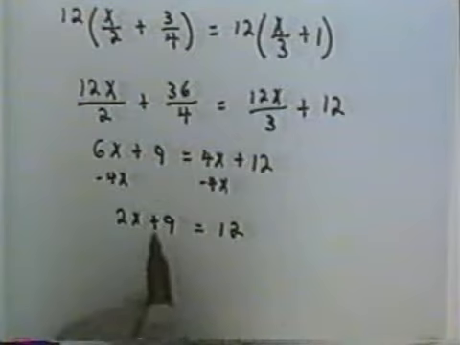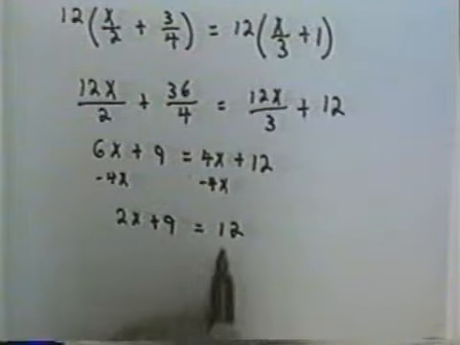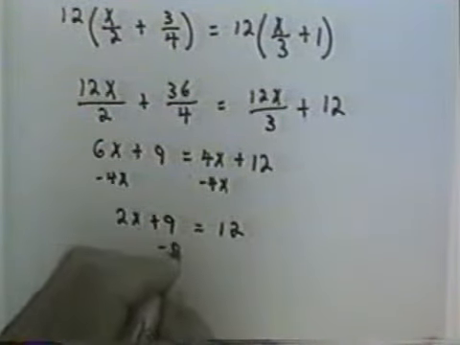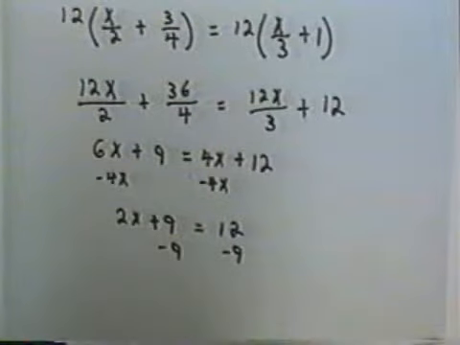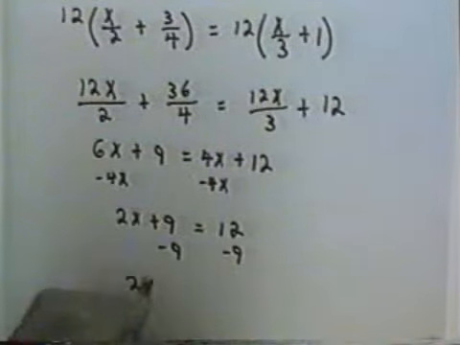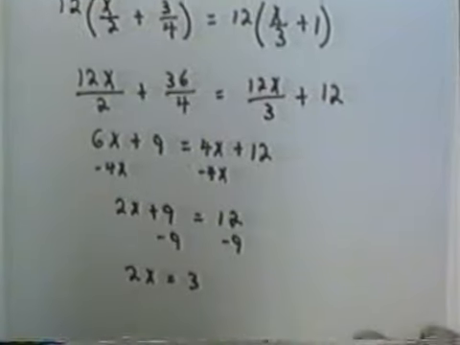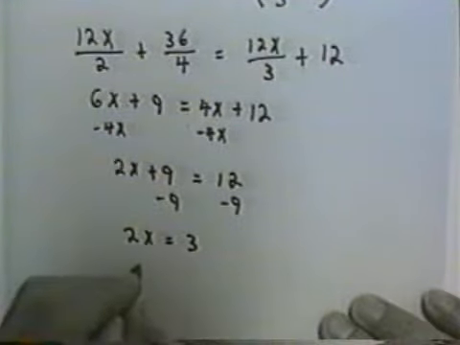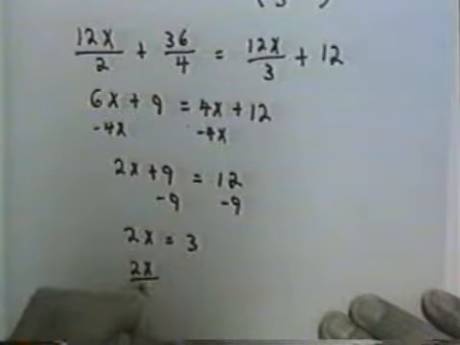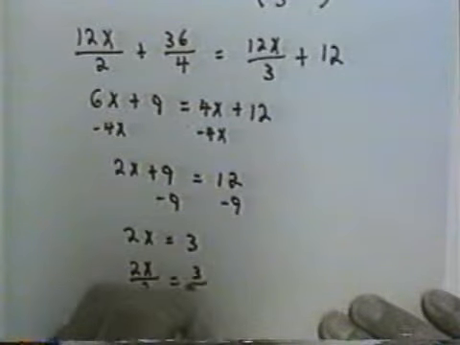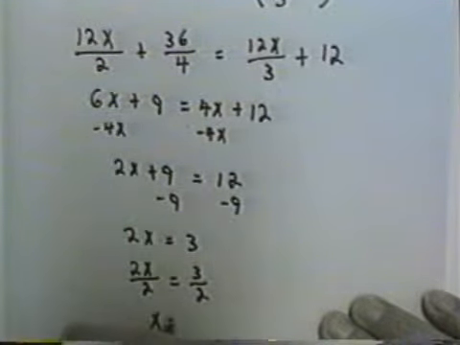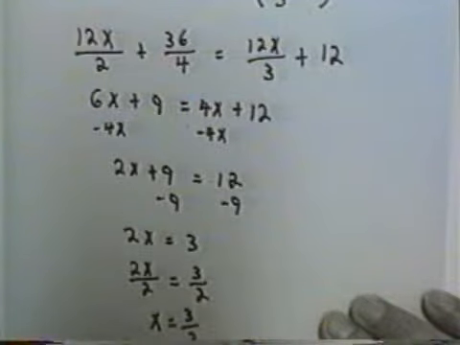Now I need to get the 9 with the 12. So I need to subtract 9 from both sides. That gives me 2x is equal to 3. So I've isolated my variables on one side, my constants on the other side. Now I divide by my coefficient, so I have 2x divided by 2 is equal to 3 divided by 2, or x is 3/2.